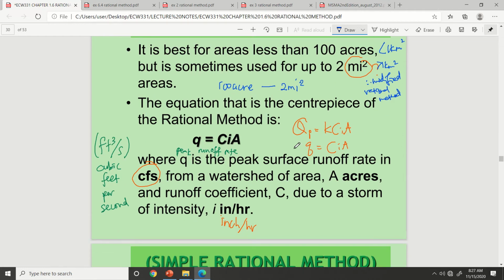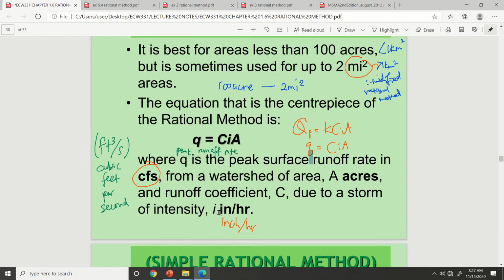Right. So the peak runoff Q is the peak surface runoff rate. So this Q, small q. It's actually QP is equal to Q. Okay, QP is equal to Q. So CFS is cubic feet per second, feet cube per second.